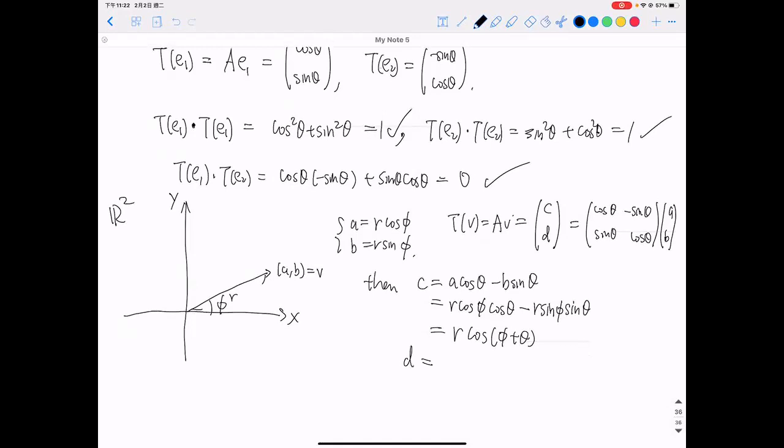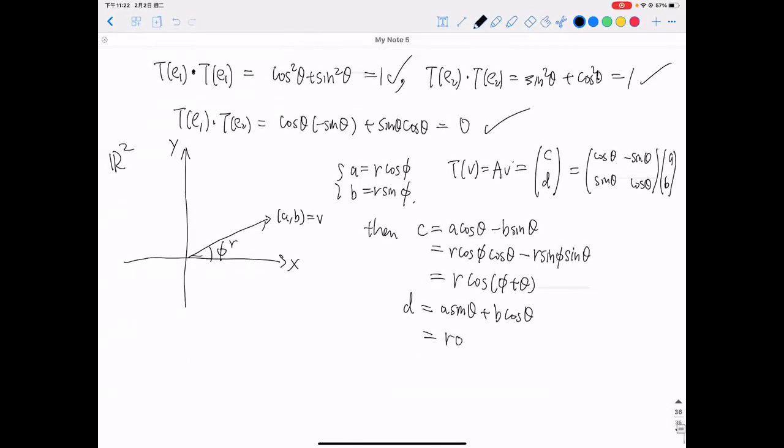And d is a sine theta plus b cosine theta, which is r cosine phi sine theta plus r sine phi cosine theta. Again, the sum formula for sine tells you that this is r sine of phi plus theta.